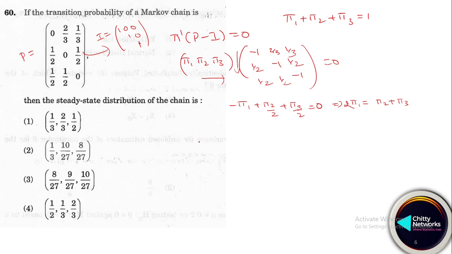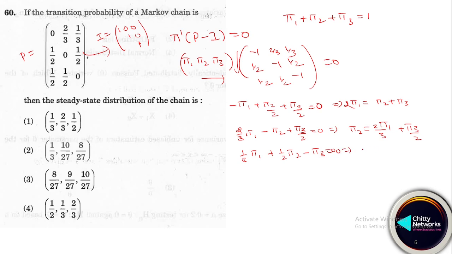Next one, 2 by 3 pi 1 minus pi 2 plus pi 3 by 2 is equal to 0. So this implies pi 2 is equal to 2 by 3 pi 1 plus pi 3 by 2, and the last equation is 1 by 3 pi 1 plus 1 by 2 pi 2 minus pi 3 is equal to 0.